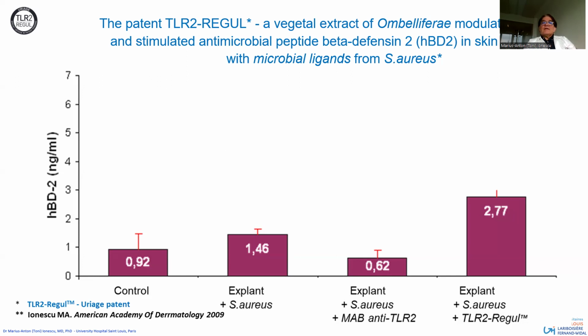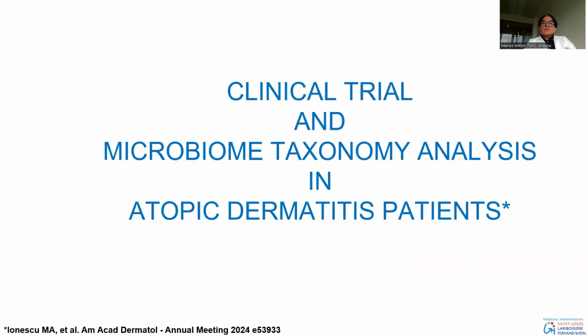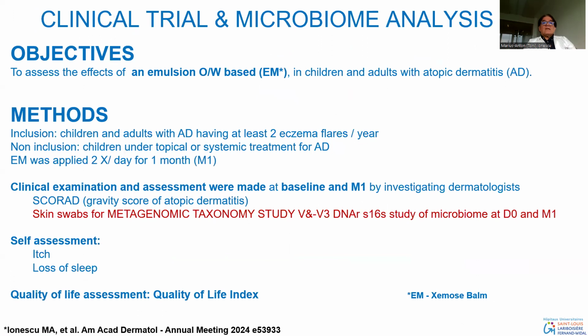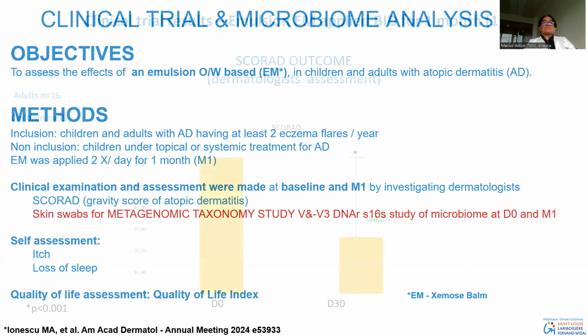The clinical trial, also combined with microbiome taxonomy analysis, was made. We wanted to assess an emulsion, oil and water, based on the patent that I showed you. In this cosmeceutical formulation, we wanted to see what is happening from the point of view of microbiota before and after 1 month of use of this emulsion.